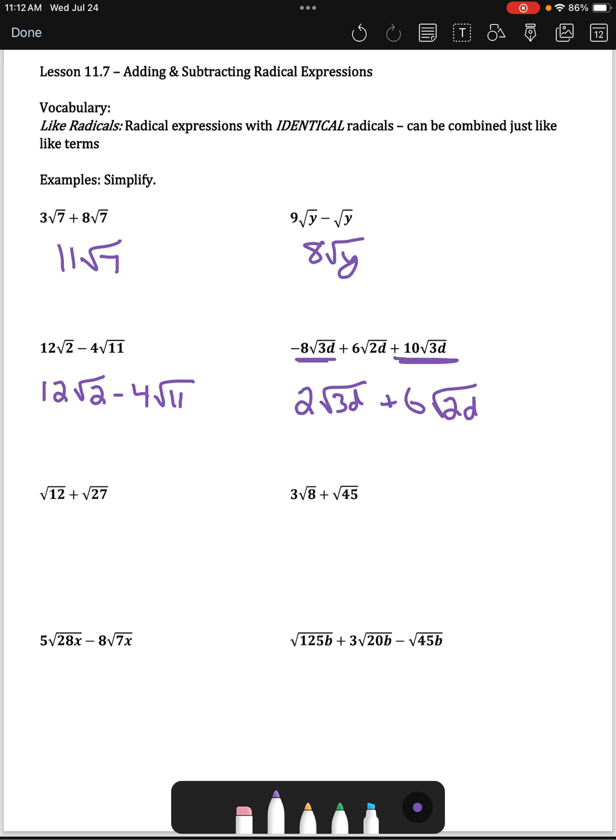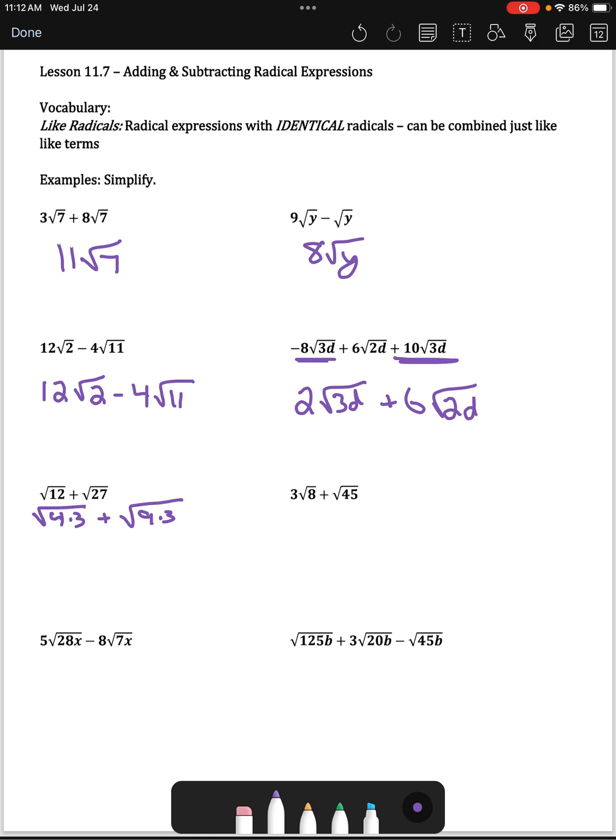Root 12 plus root 27. Now your first instinct might be, we're done. They're not the same, we can't combine them. But this is a situation where you have to say, okay, 12 is 4 times 3, and 27 is 9 times 3. Both of these values, 12 and 27, have a perfect square hiding inside of them.